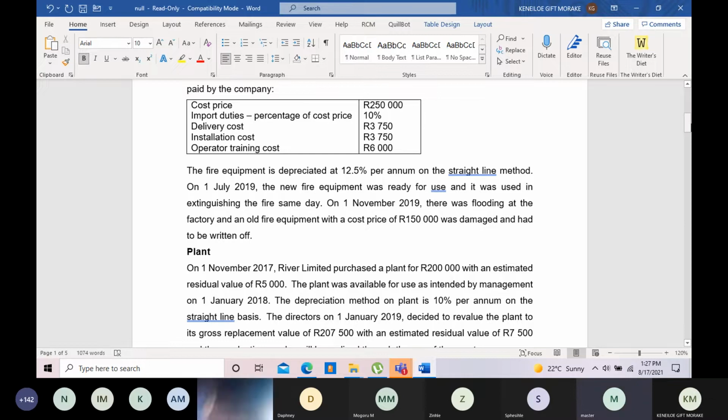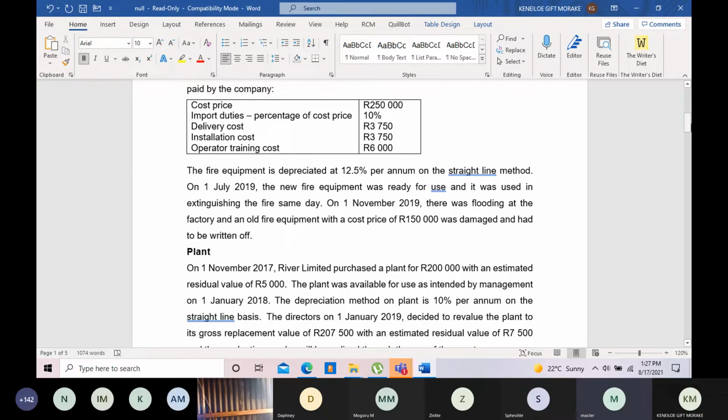Let me repeat that statement. For you to calculate the correct number of months for the disposal or damaged asset, you do not start when it was damaged, but you start from the beginning of the financial period, which is the 1st of January. And you end counting on the day before it was damaged.